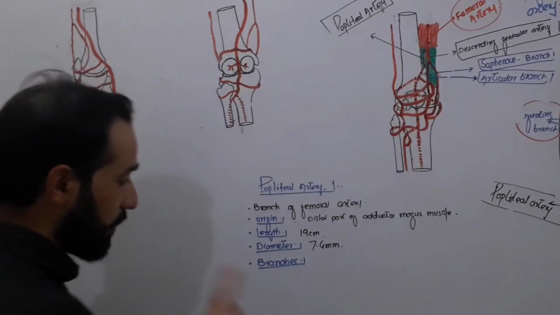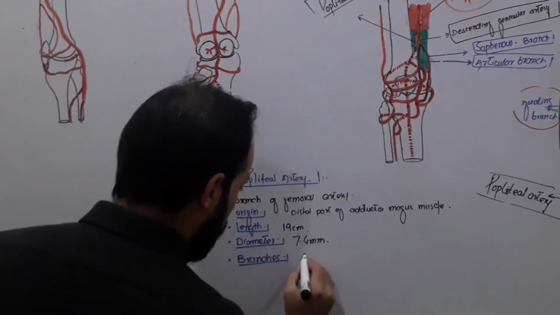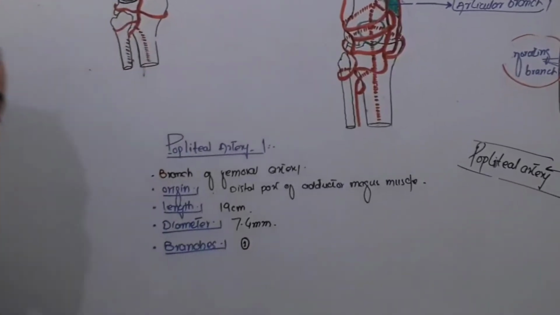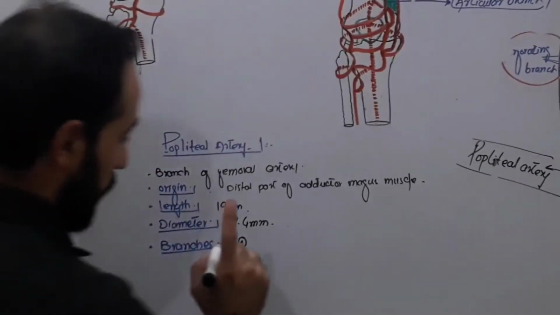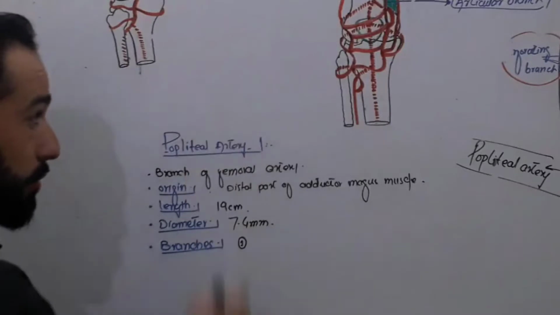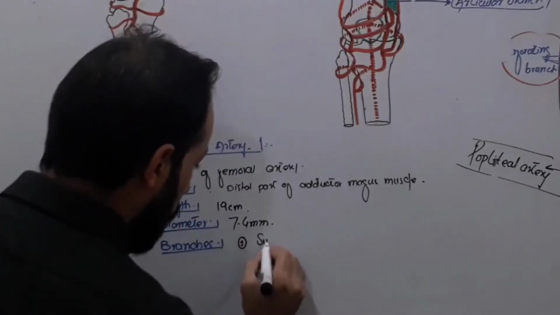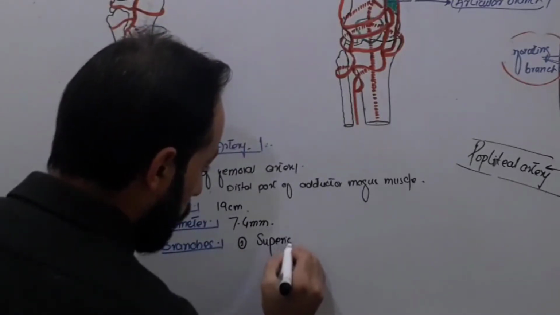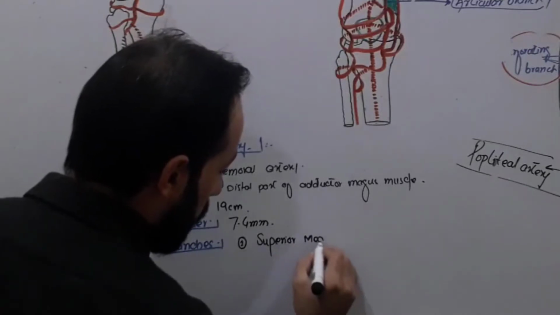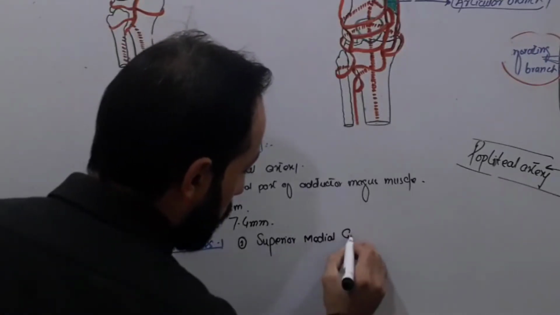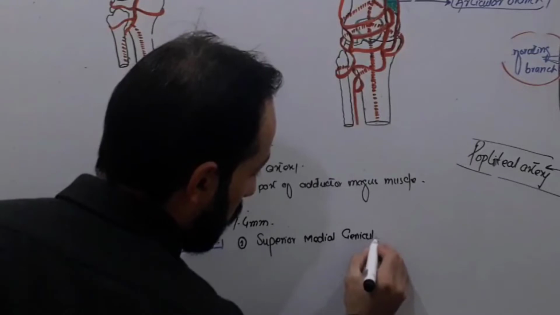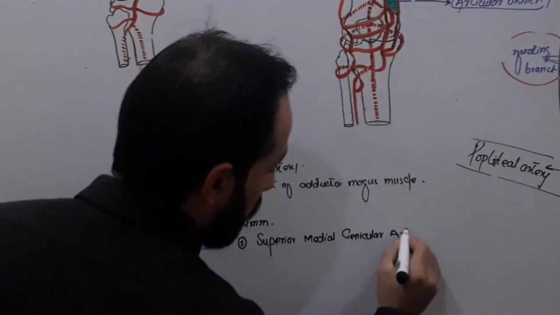We will see now. The first branch is called the superior medial genicular artery. Let me write it here, then we will show you there. Superior medial genicular artery, right?